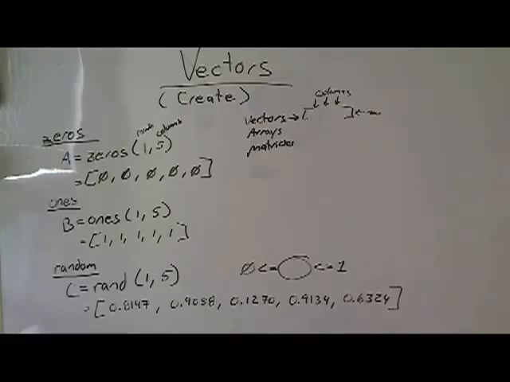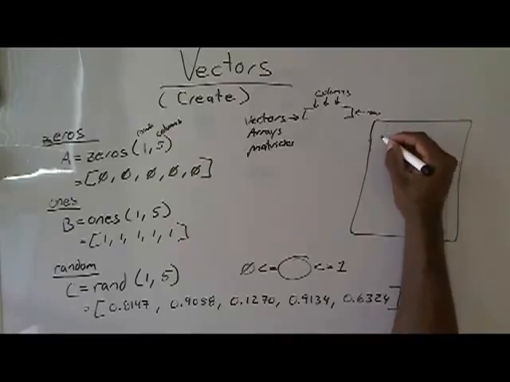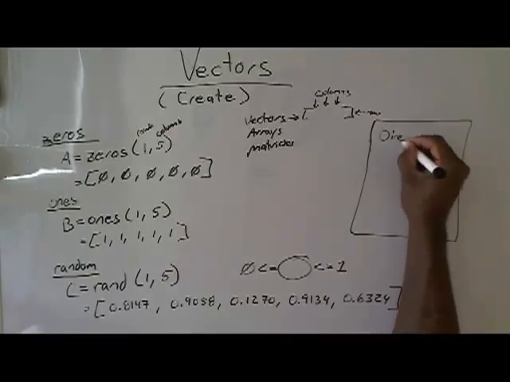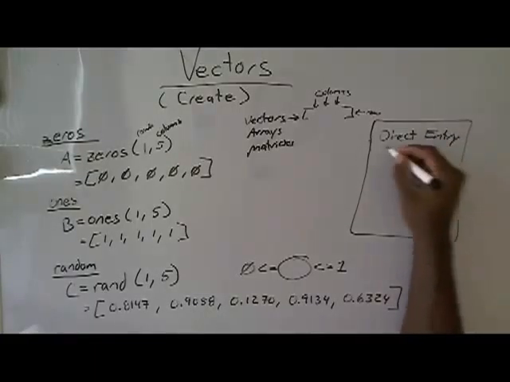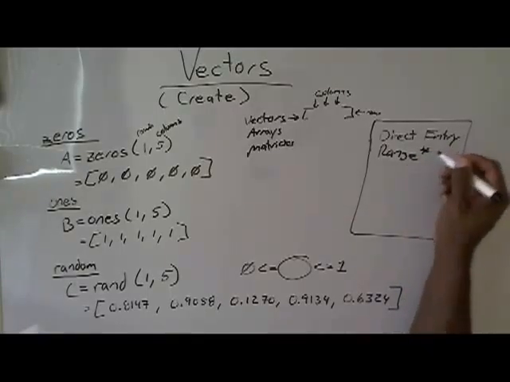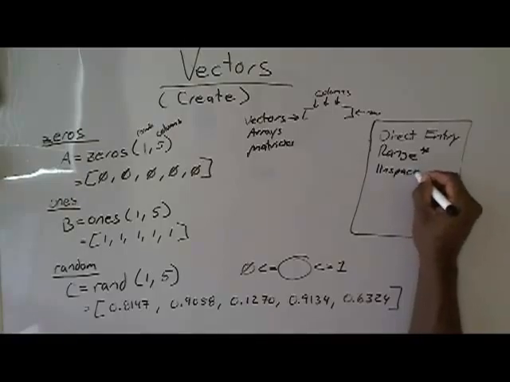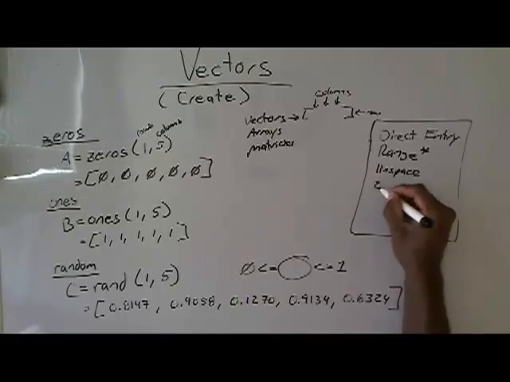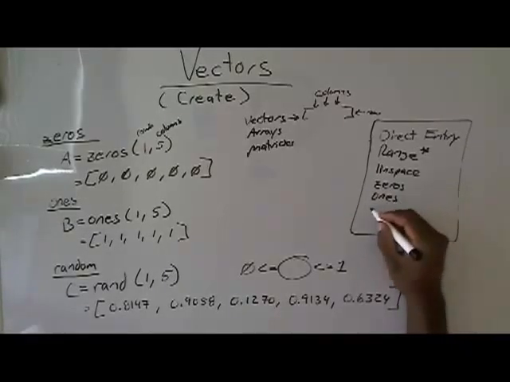So let's recap again. Six ways that we talked about creating a vector. We have direct entry, we have range, which once again is going to be extremely important as we go forward. We have linspace, and then we have zeros, ones, and this random operator.